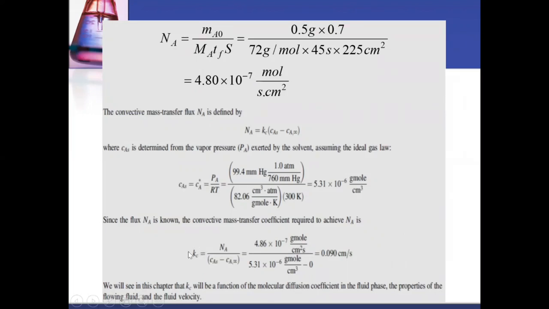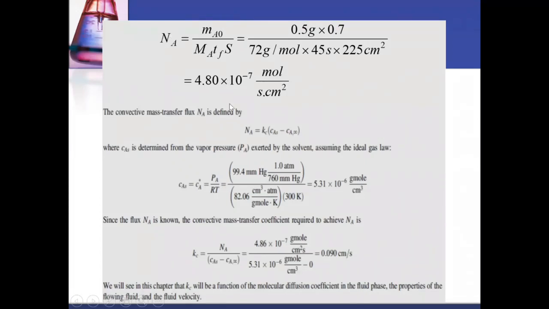In diffusion, this is not the case. The DAB is independent of the flux, but Kc depends on the flux. So if you increase the time, here the Kc will be less. If you shorten the time, this will be high, and it also depends on the surface area. If this one is high, then this is small. If it is small, this will be high, and also the initial amount.